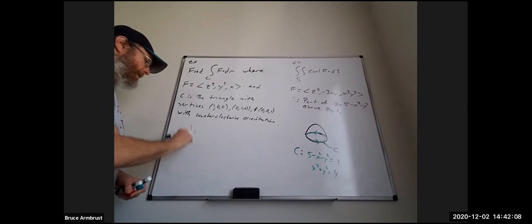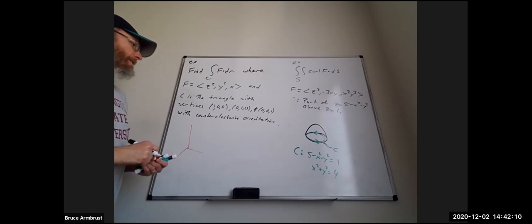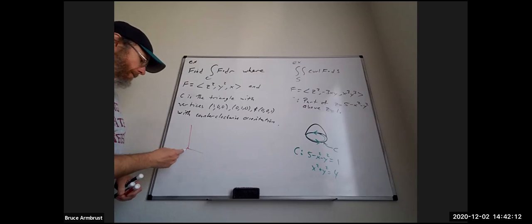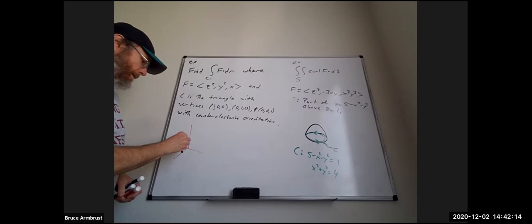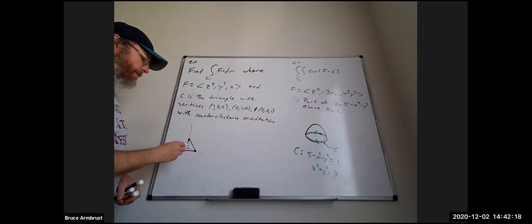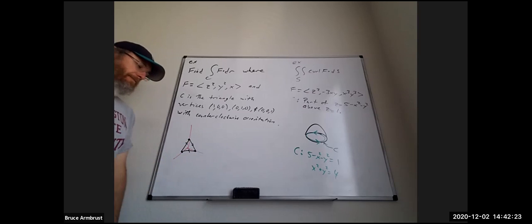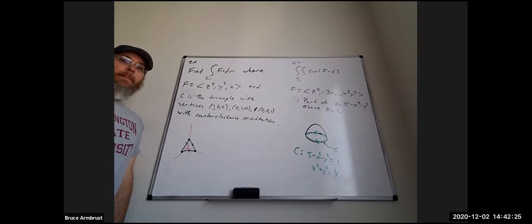I mean, here are your coordinate axes, and we're doing those 3 points. So we got a triangle, and we're going around in counterclockwise direction, right?